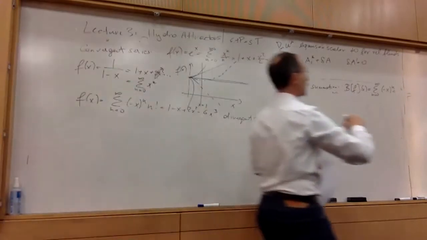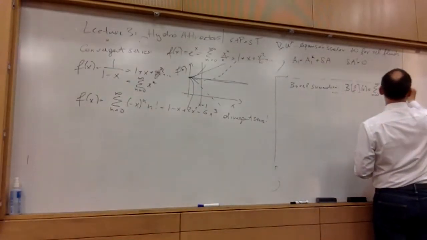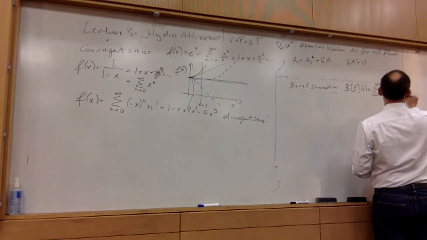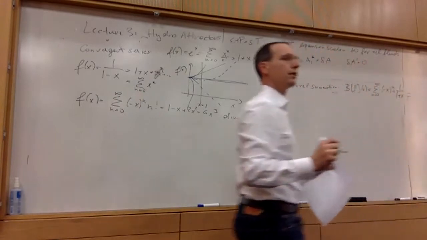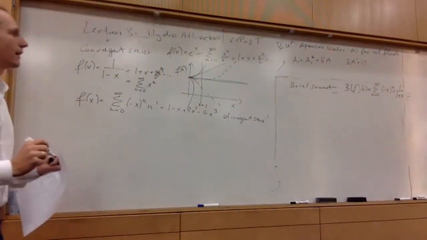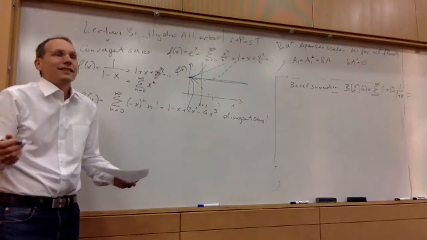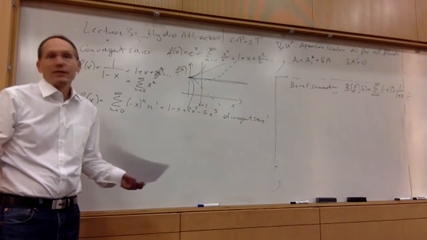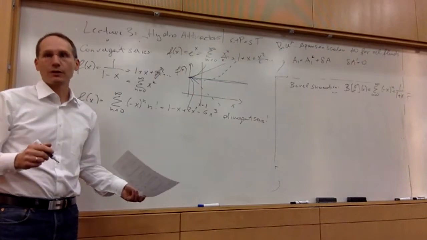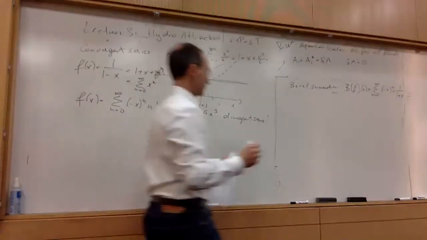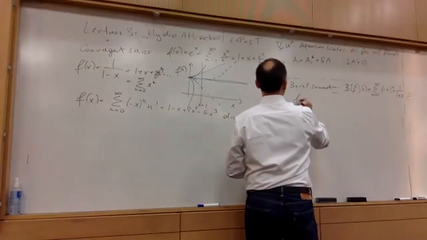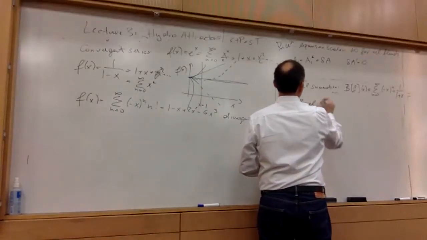So this is something that I can write down in closed form. I think this is true. And again, you might say, well, this has nothing to do with the original series. It's a completely different function. And I would say, yes, that's right, but we have to do the inverse Borel transform to see what's going on. So let's do this.